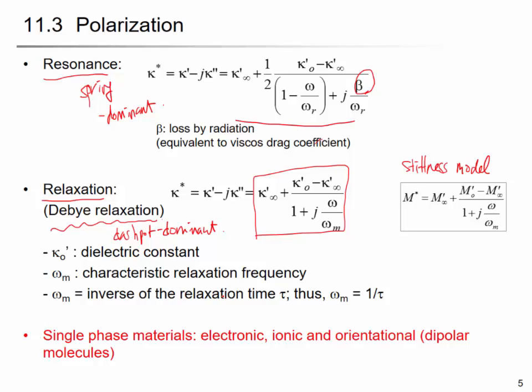So that's the relaxation time. And the inverse of the relaxation time is the relaxation frequency. So you can think of the dashpot in a door, right? It takes time to go back to the closed position when you open it, right? And that's the relaxation time. Right?